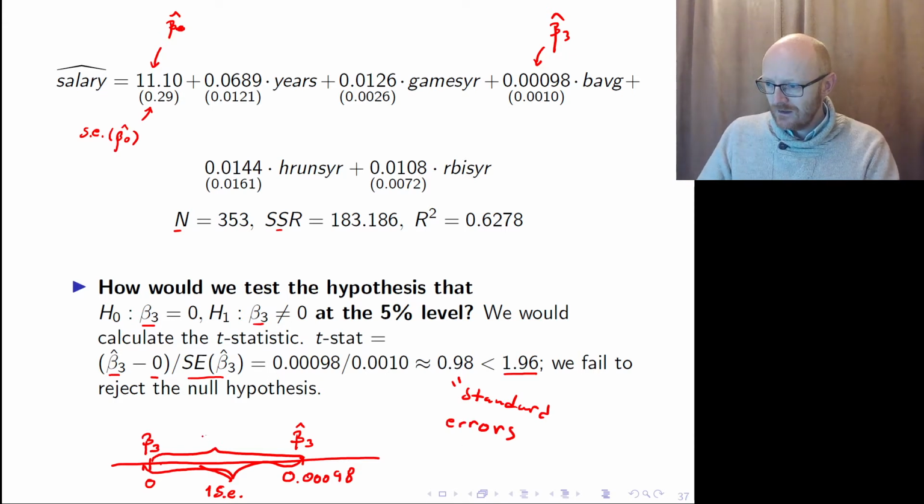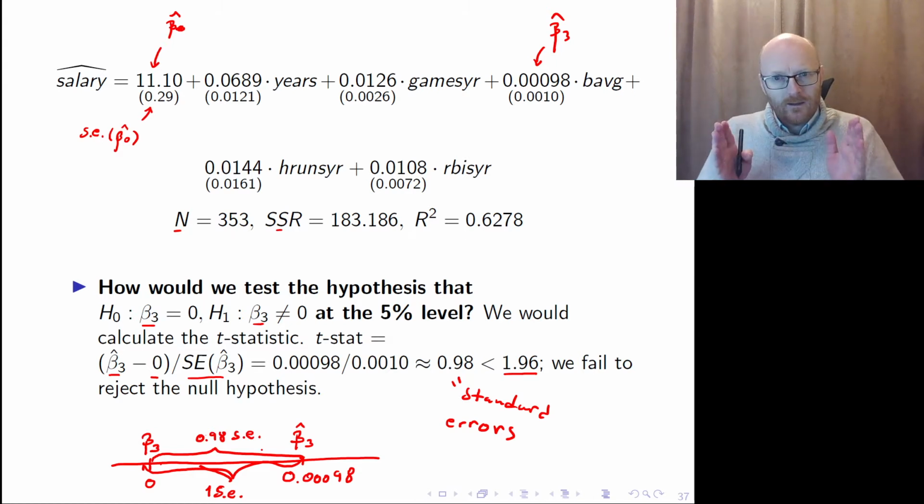So this is 0.98 standard errors distance between these two values. And as such, we do not reject the null hypothesis because they are too close, right?